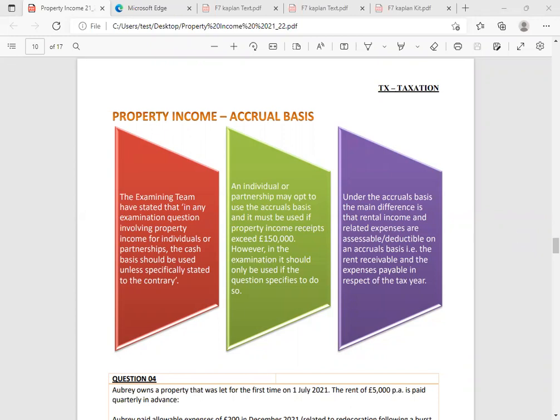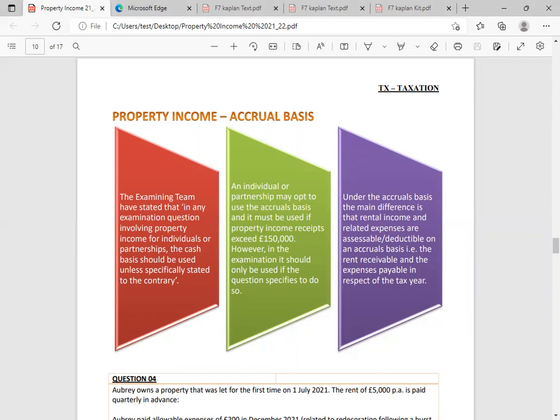The answer is, by default, we learned in our last class that the basis is cash basis. Money received during the tax year, we will take as the complete amount, as a whole. We will not prorate it. This is cash basis.